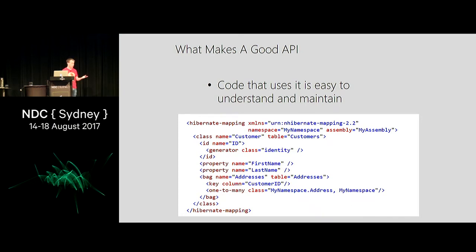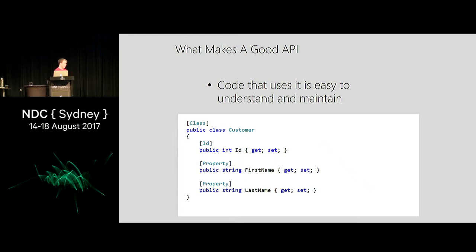So a better way of doing it, in my opinion, is you could use attributes. You could take your C# class, which you've already got, and put attributes on it to indicate that it maps to a table, that this column is an ID, this is a property. And then using reflection, it's able to infer the name of the database table and the database columns.